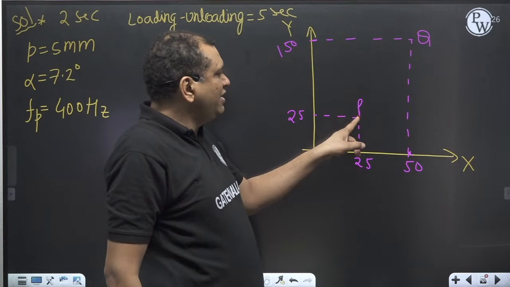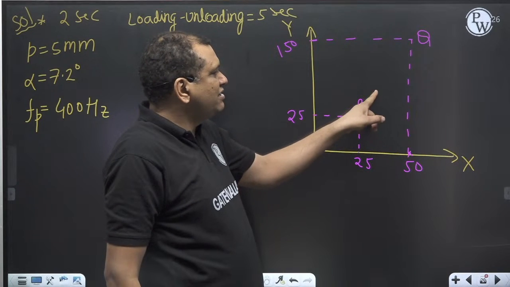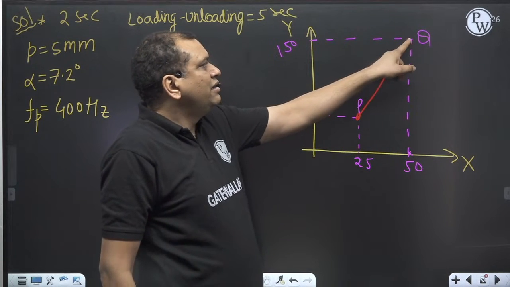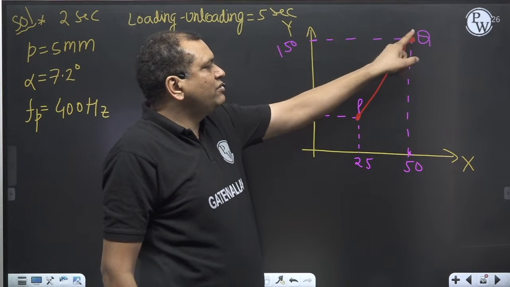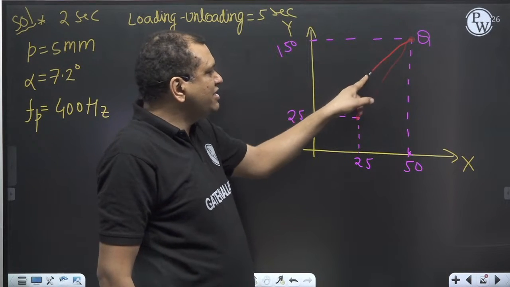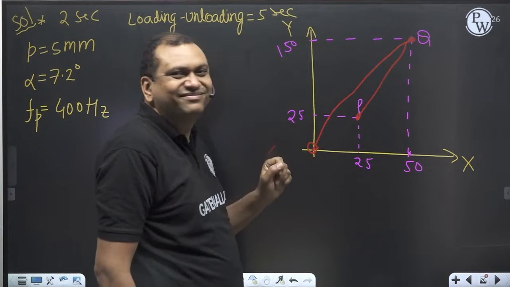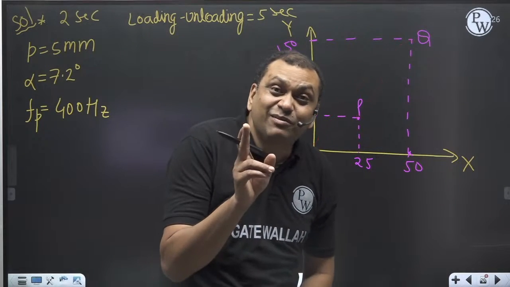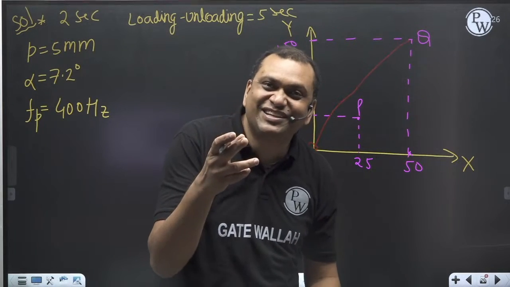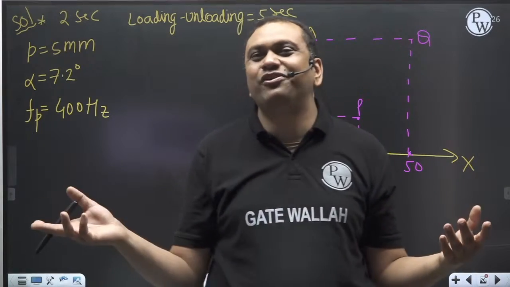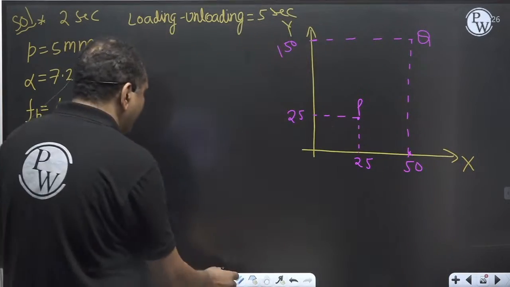Now from P, again acceleration, deceleration, put the board. Again acceleration, deceleration, again. So 3 times there will be acceleration and deceleration, because the speed of the motor cannot be uniform.